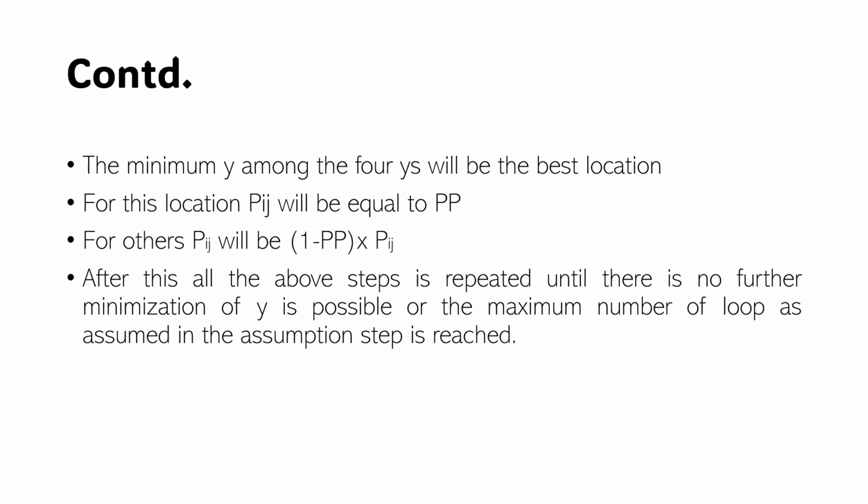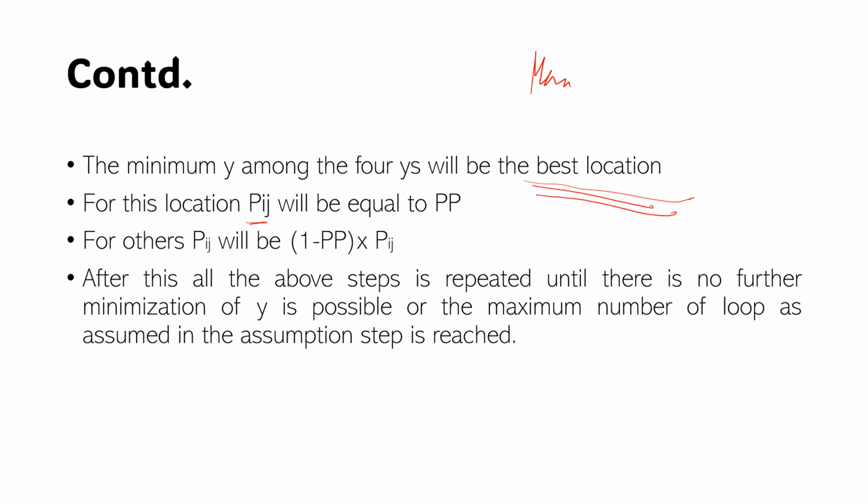So the minimum y among the 4 y's will be the best location, because our goal is to minimize the y. If our goal is to maximize y, then the maximum y will be our best location. So for this location, Pij, the probability that you have calculated for each of the population, for each of the variable, for our case, j is only 1, because y is equal to x square, x is the variable.